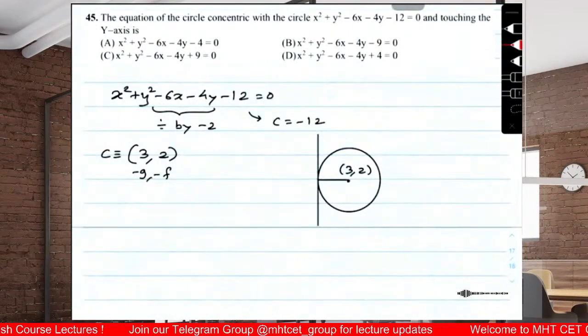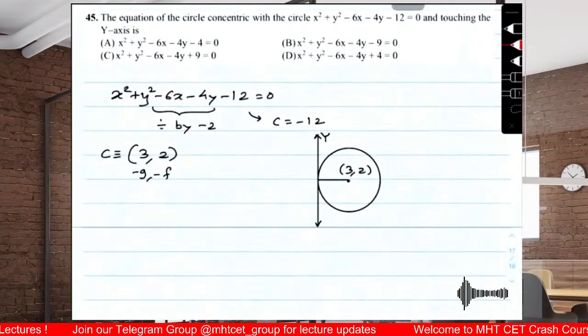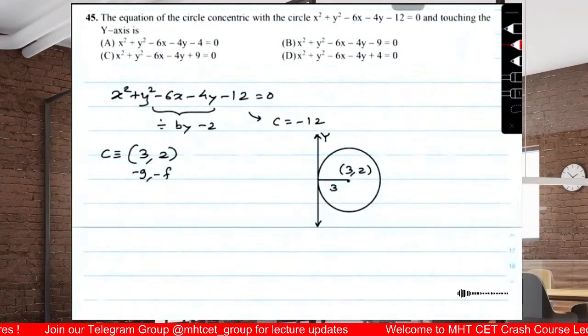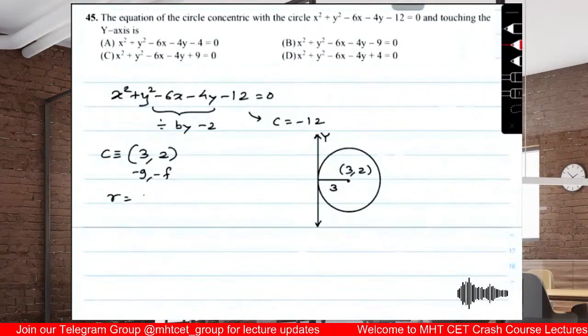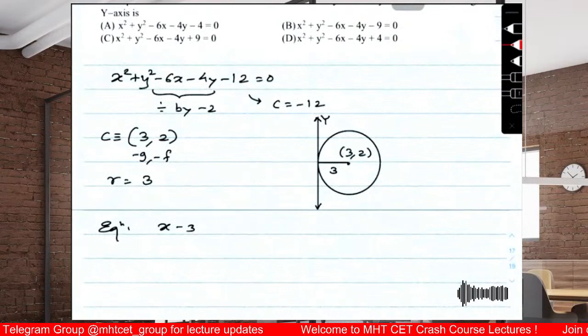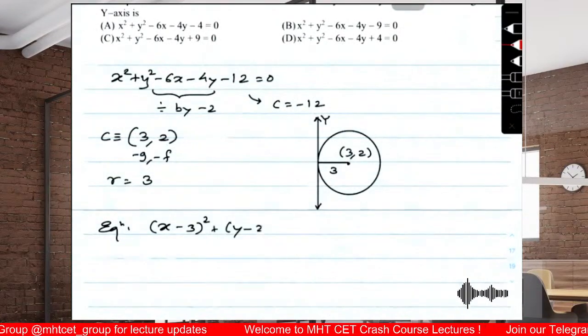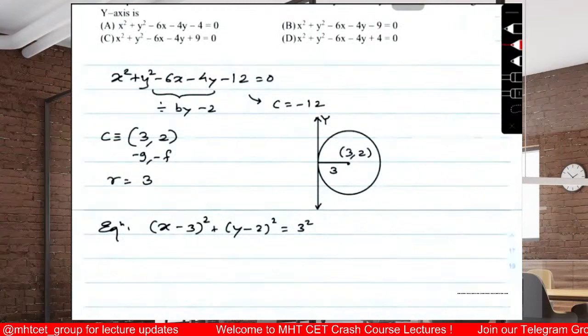Okay, so since it touches y axis, its radius will be same as x coordinate of the center. Okay, so radius of required circle is 3. So the equation is x minus 3 the whole square plus y minus 2 the whole square equal to 3 square.